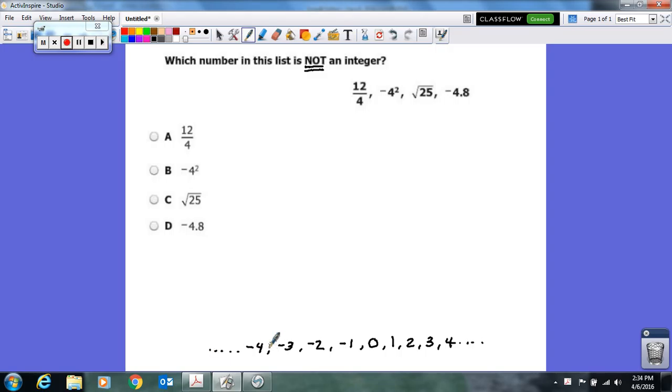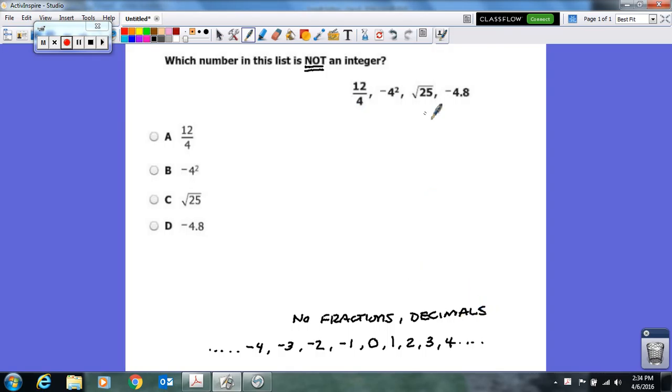So it's like the whole numbers, positives and negatives. Notice we don't have any fractions, so no fractions. Notice we don't have any decimals, so no decimals either. Just whole numbers, positive and negative.